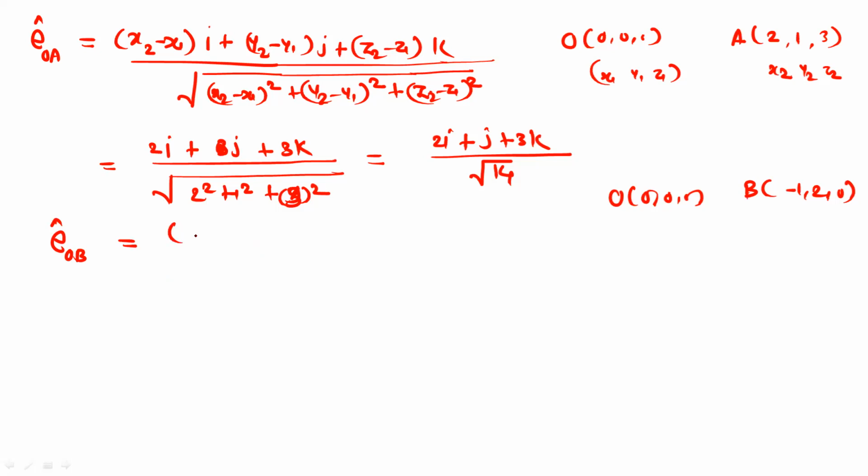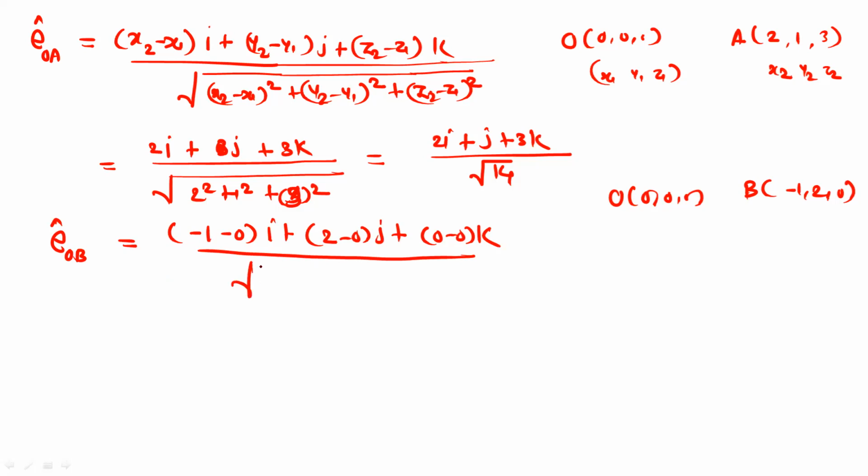So x2 minus x1 will be -1 minus 0, plus 2 minus 0, and 0 minus 0, divided by the square root of -1 square plus 2 square plus 0.